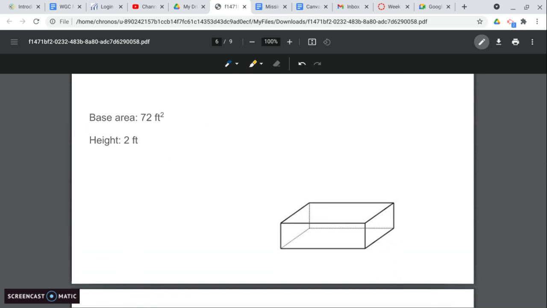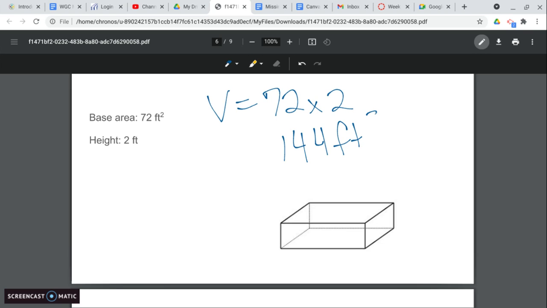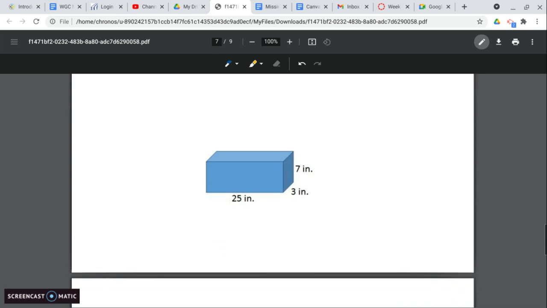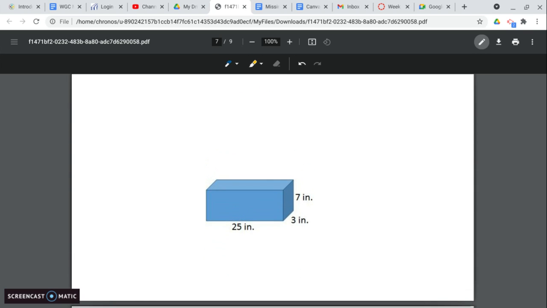So the base is 72 feet squared. The height is 2. So the volume equals 72 times 2. 72 times 2 is 144 feet cubed. So there's our volume. The next one, here we don't have what the base is, so we just do volume equals 25 times 3 times 7.